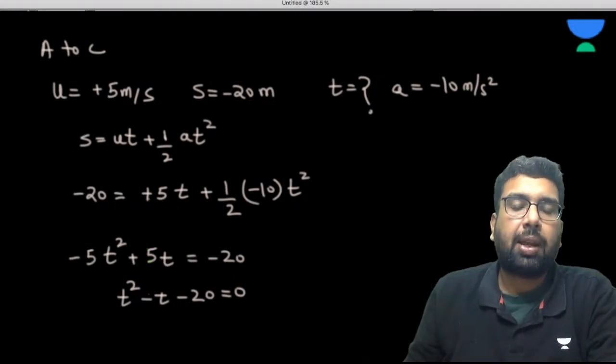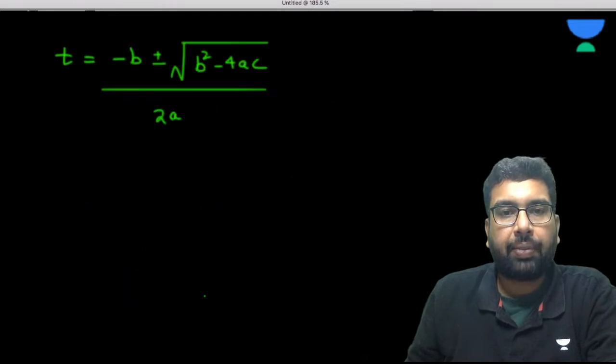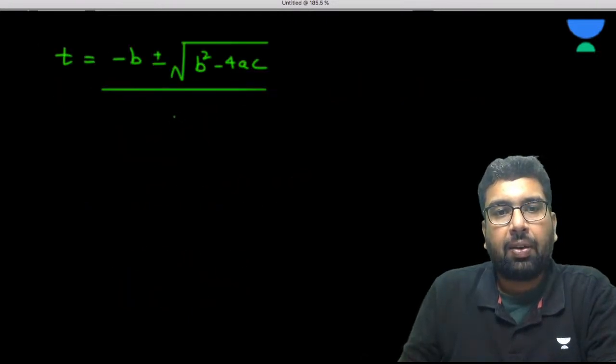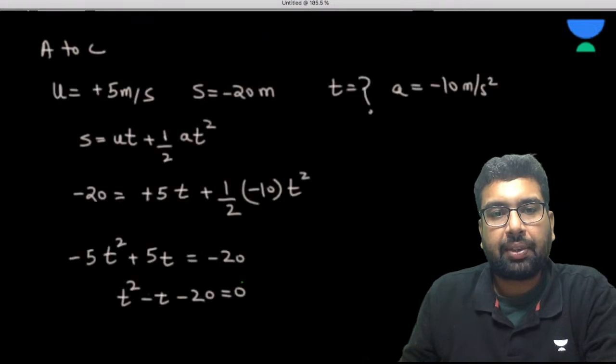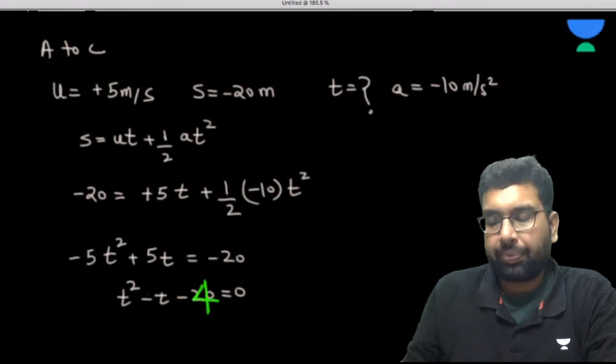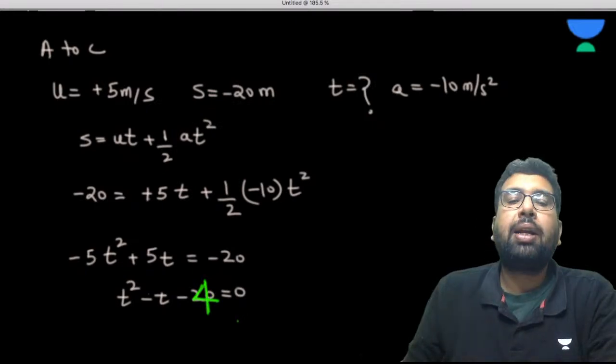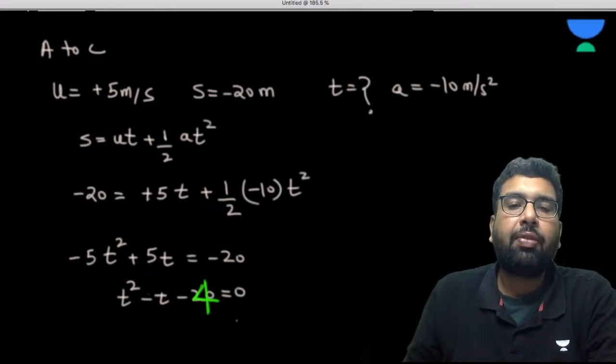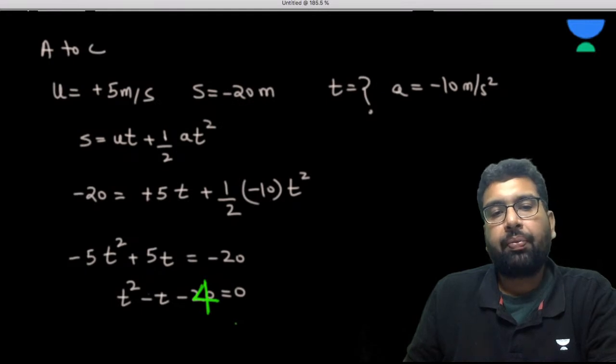T square minus t minus 4. Right, right, right. My bad. I always make such mistakes. This is 4 because we have divided by 5, not 20. Oh, sorry. We have divided by 5.